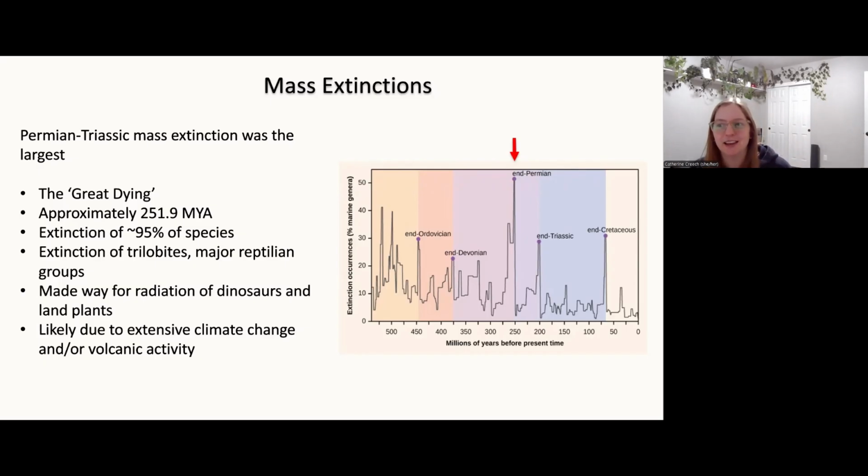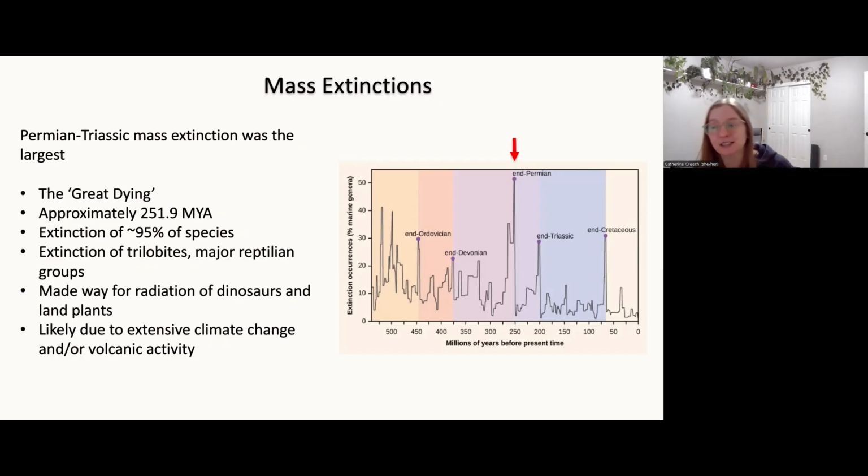We estimate that 95% of species died. 95% of life on Earth died. And that's wild. So now the 5% of the survivors, where their descendants, they had a completely open world to start exploiting. And we had a lot of different diversification after this event.